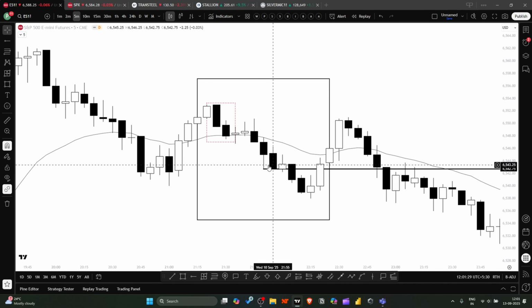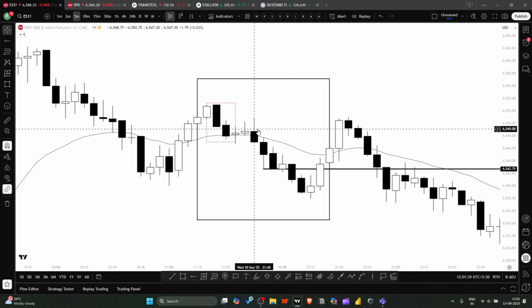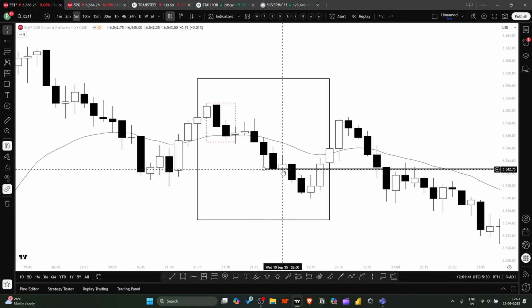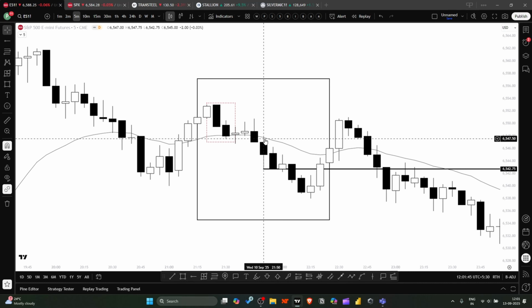No, both lows are equal. The next bar went below this low. So 1, 2, 3. The third bar went below the low of the pivot. Breakout bar, pause bar, and within the third bar, the pivot got violated, or it went beyond the pivot. So this pause is called a micro pullback.